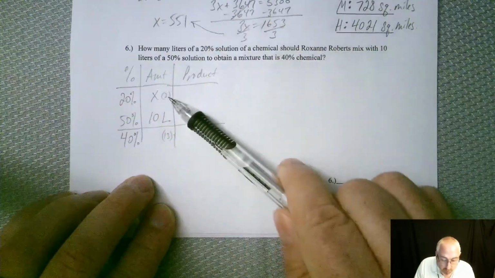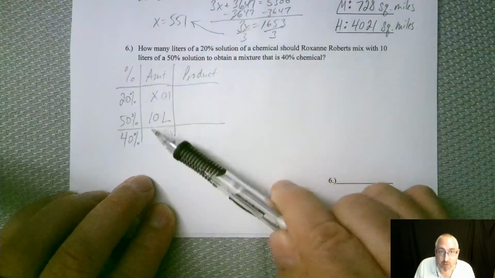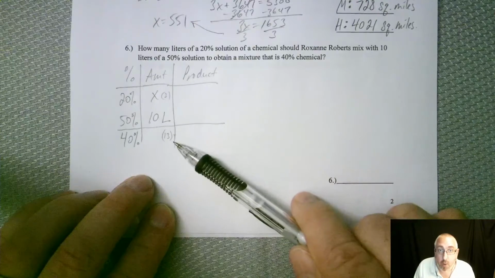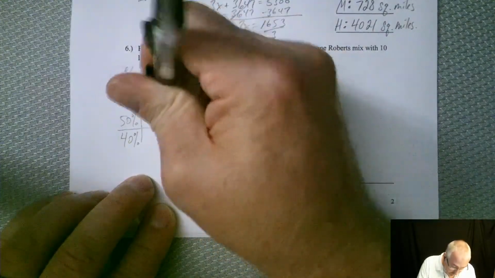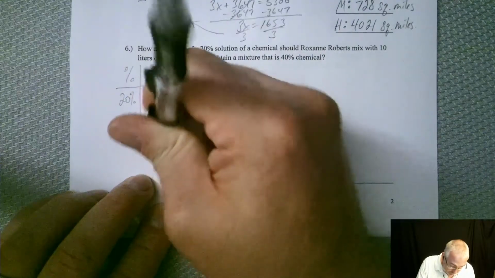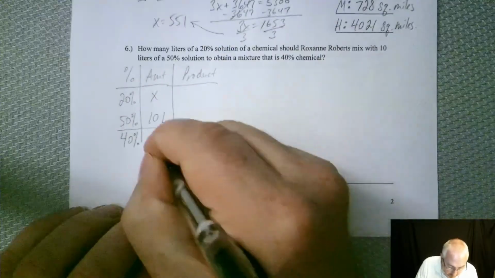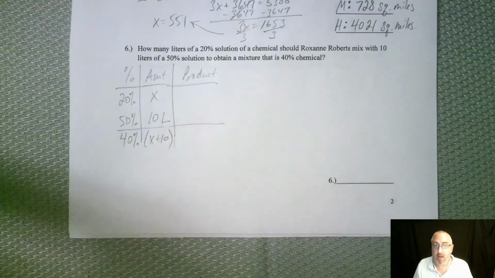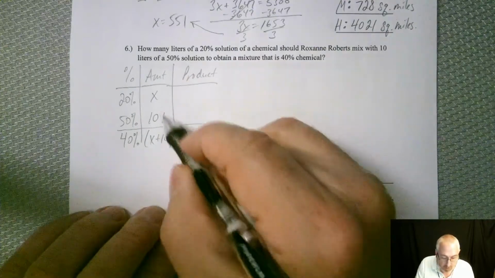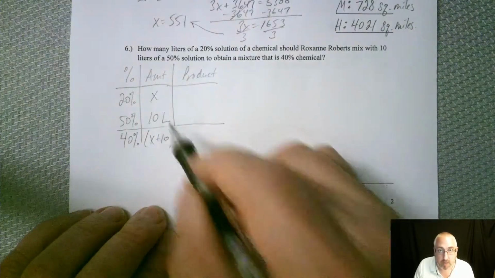But the only thing we do know is that we have to add these two things together to get the third quantity. So to add that together, we would have to have something like X plus 10. That's going to have to be that third quantity. Not pretty, but it's always going to be the sum of those two quantities.